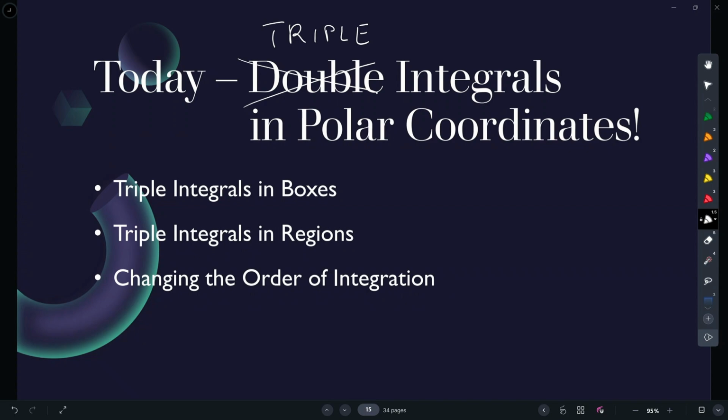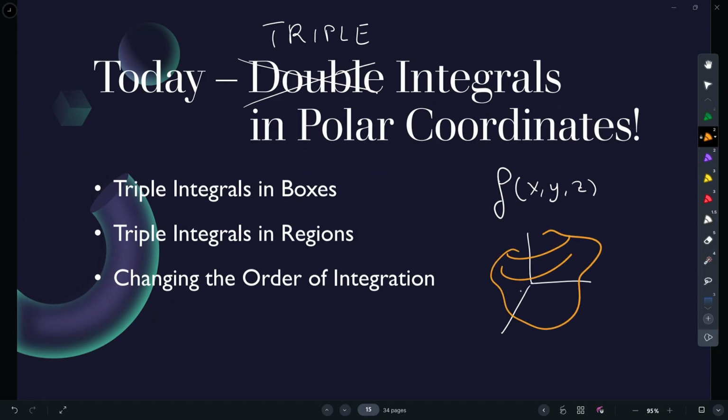So what we are doing now is that we have a function, say f of x, y, z. We have a region in x, y, z, so we have a 3D region, some region, and there is a value of the function at every point of that region.